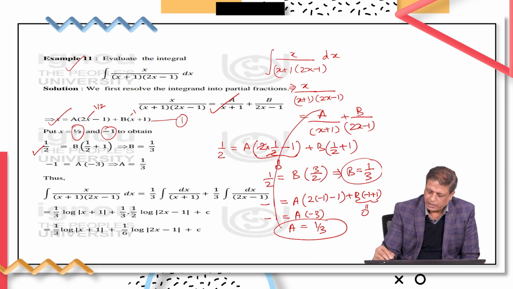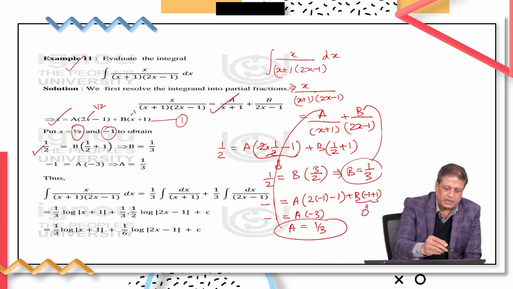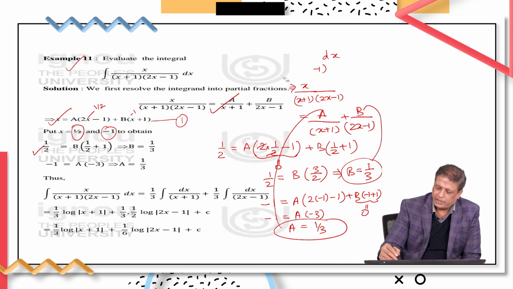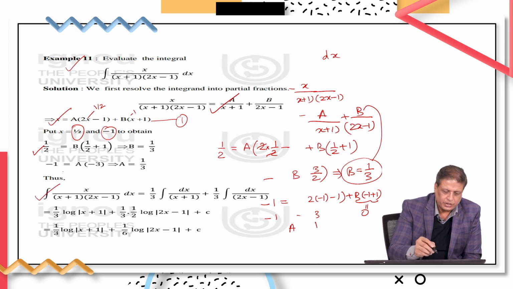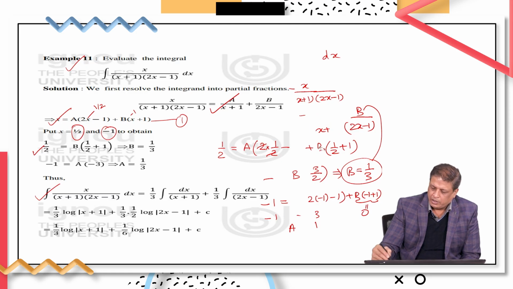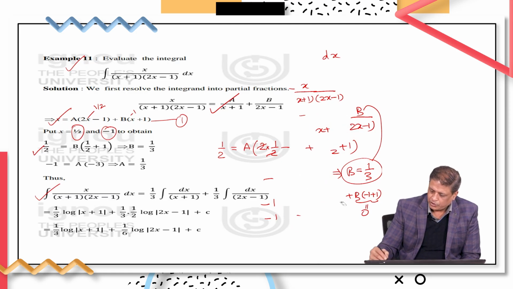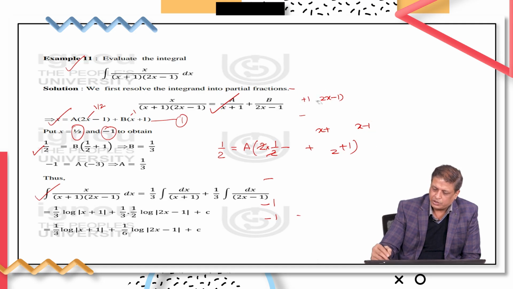Substituting a and b in this equation in the simplified form, you can rewrite the given integral into this format, and let us integrate it now, and you will understand what is the benefit of using this technique.